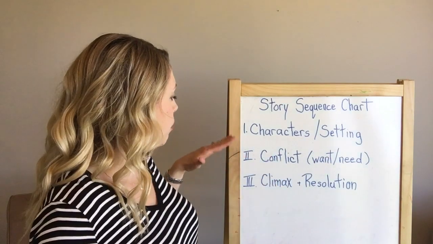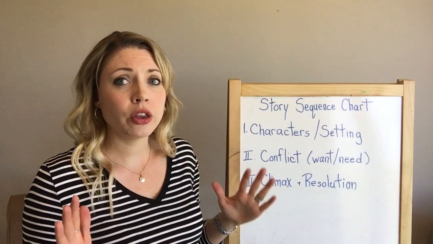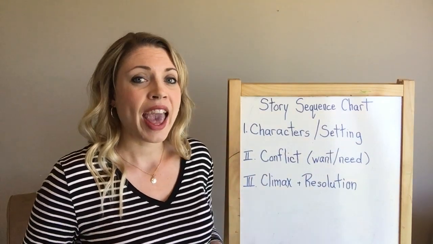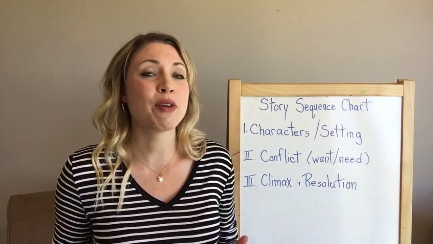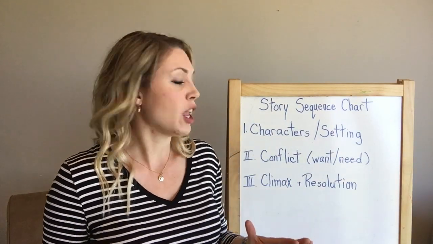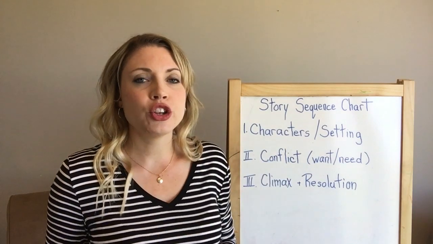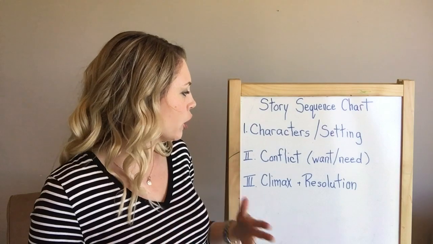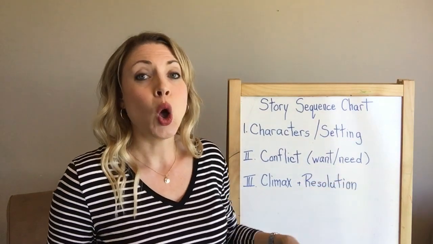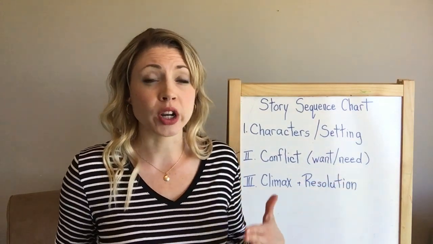In paragraph number 2, all good stories have some type of a conflict. It's a pretty boring story if there's no conflict. So in paragraph number 2, the job is to explain the problem and think of it in terms of want and need. What does the character want or need?